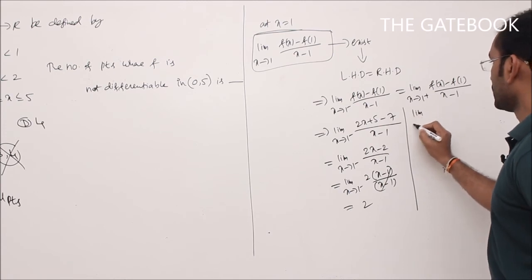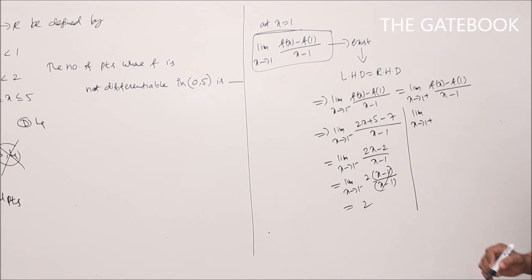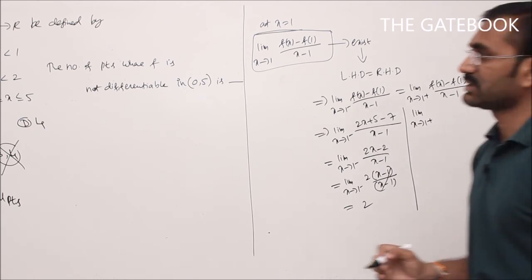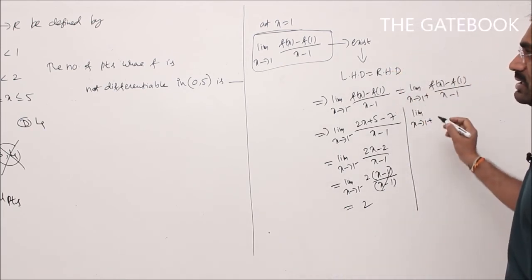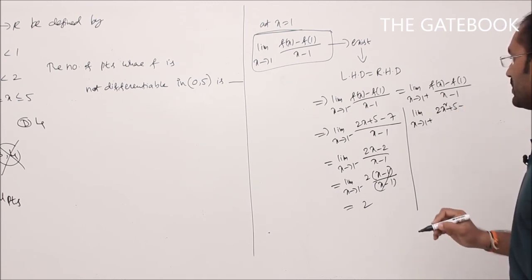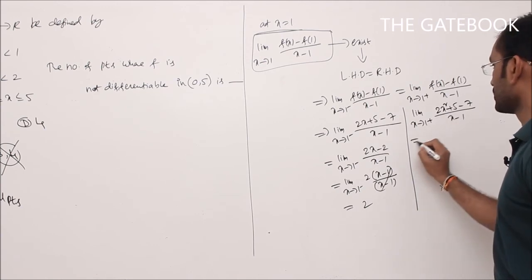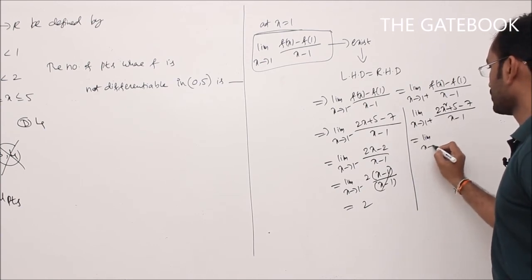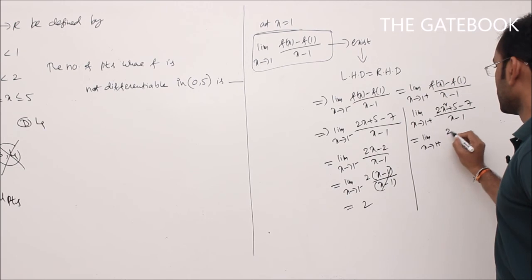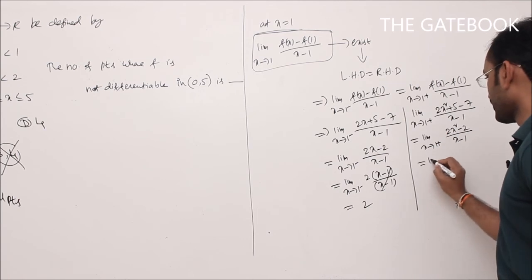Checking the right hand limit value. The limit as x tends to 1 plus, that is for x greater than 1. When x is greater than 1, the corresponding function is 2x square plus 5 minus f of 1, which is 7, by x minus 1. So that is equal to the limit as x tends to 1 plus of (2x square minus 2) by (x minus 1).